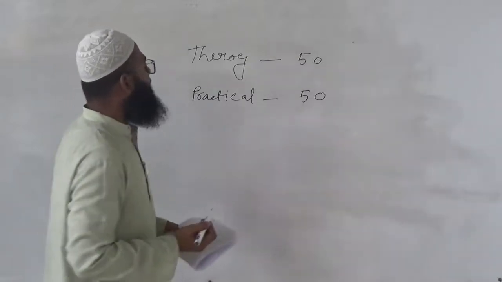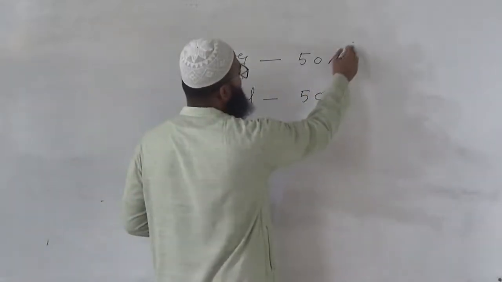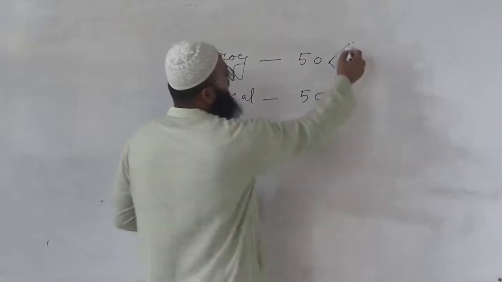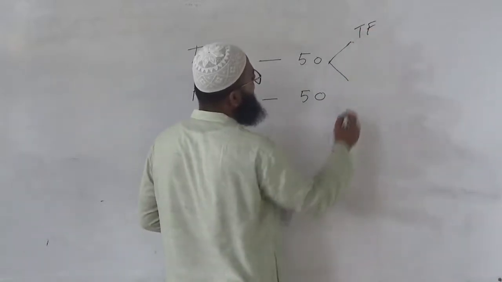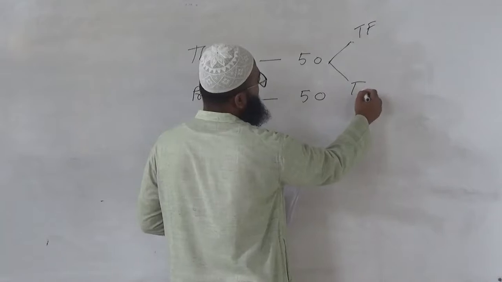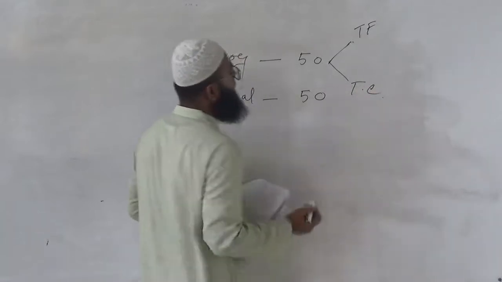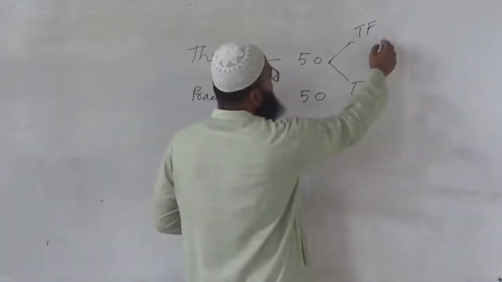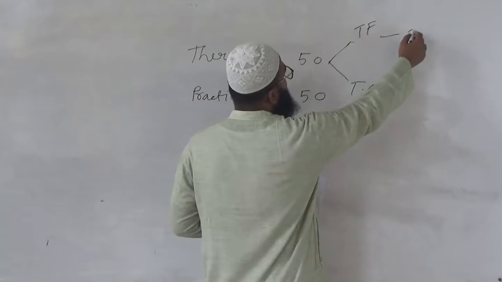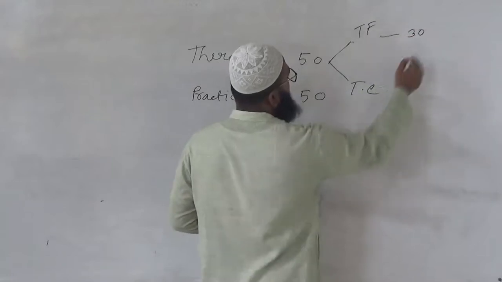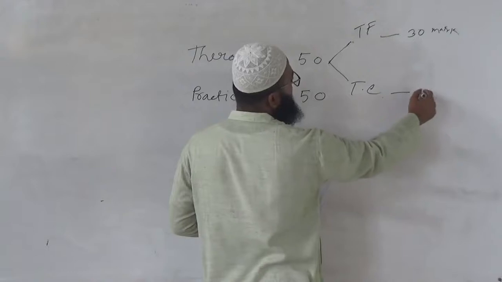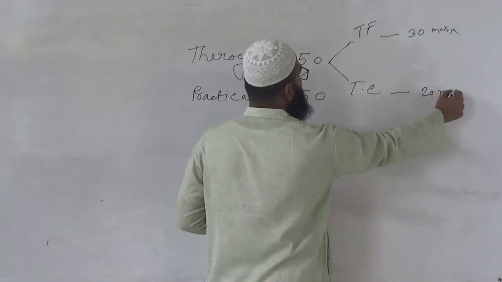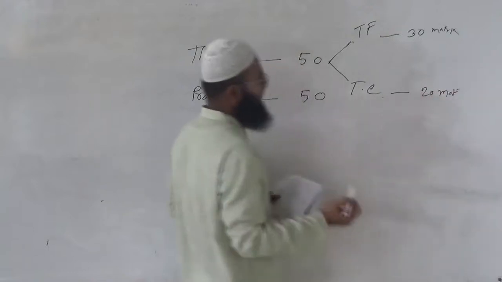In theory, you will get another two parts: TF, that means theory final, and TC, theory continuous. In TF, in written, you will get 30 marks, and TC 20 marks.